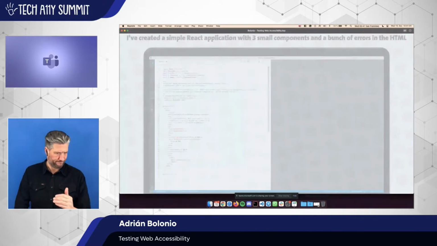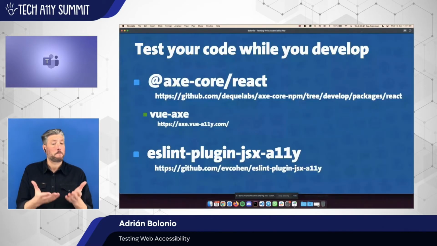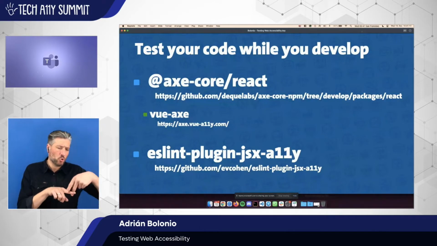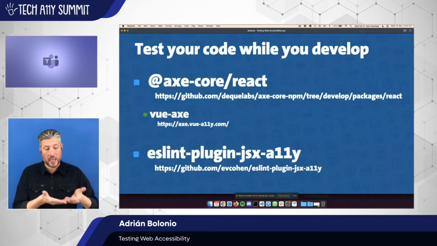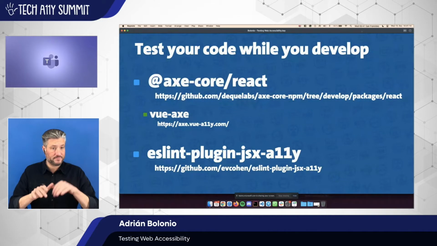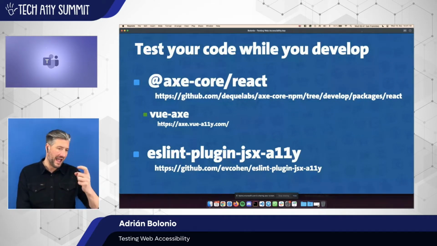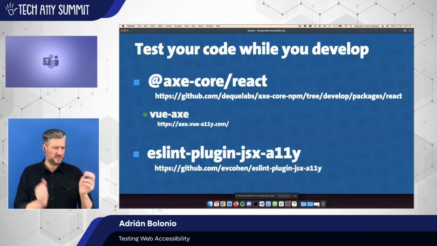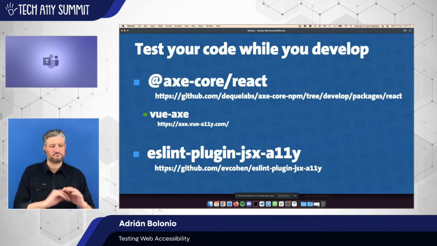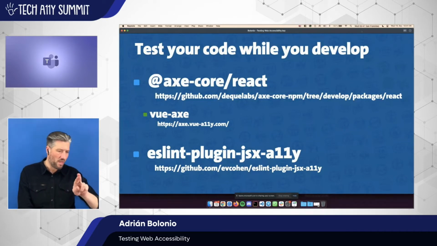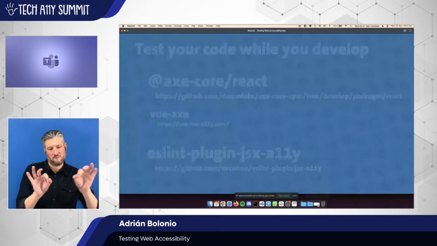So what I'm going to use is some tools that help you to test your code while you develop. In the first case, I'm going to use the Axe engine, which is an accessibility tool family developed by Deque. And there is a version as well for Vue. I'm 100% sure that if you look, there's a version for Angular to cover the 3 main JavaScript frameworks in the market, but I'm going to use the one for React.